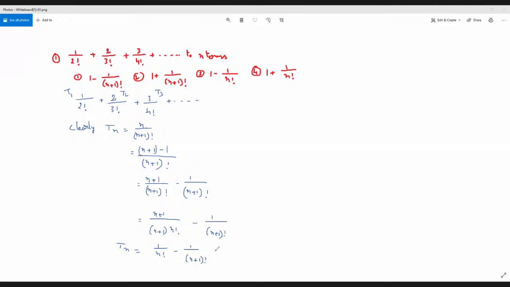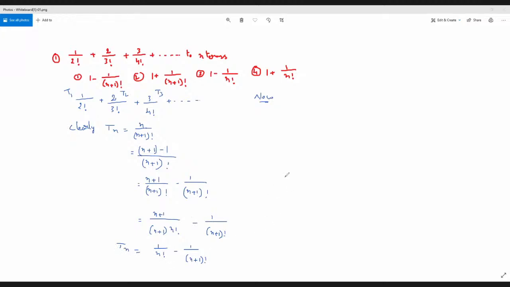It is the nth term. But here we have to find the sum of n terms. Now, continuation. It is first term plus second term plus third term plus and so on up to nth term. Clearly, nth term is 1 by n factorial minus 1 divided by n plus 1 factorial. According to this nth term, what about the first term?